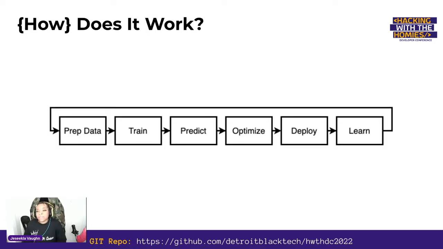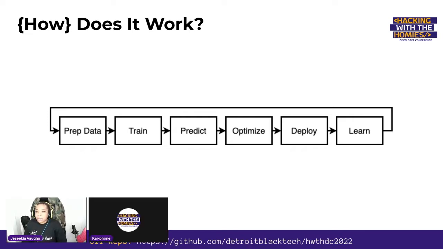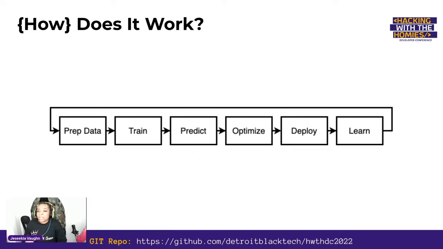So just to give you a big overall look at how this process works, we have pretty much a cycle. For software developers, we're already familiar with having a cycle through our software. We know that code doesn't just start and end, right?